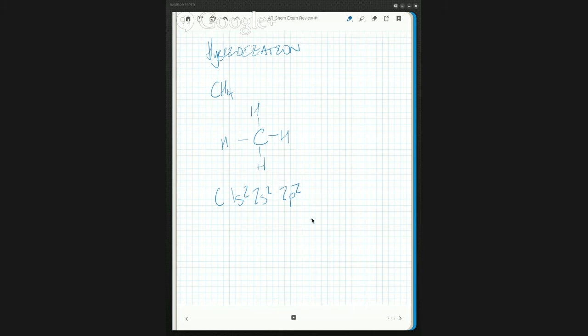You might say that if we're doing this box notation, here's 1s, here's 2s, and 2p has 1 electron in each of the first 2 orbitals.